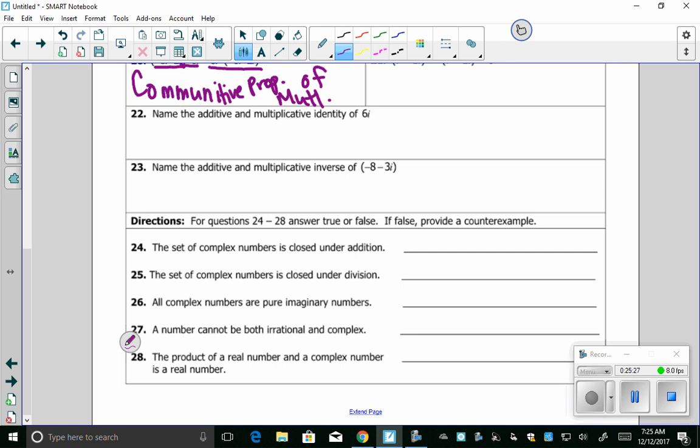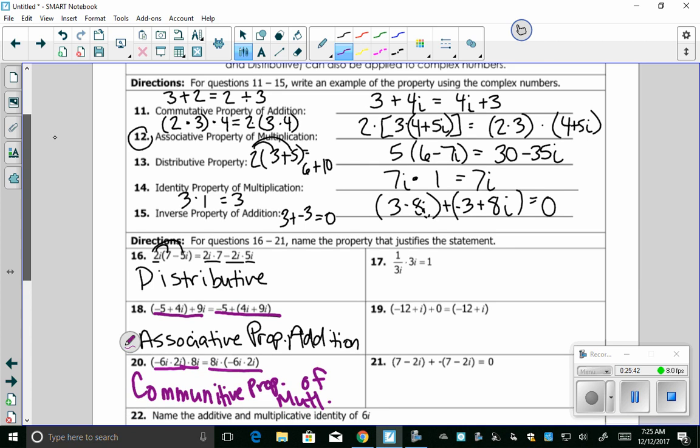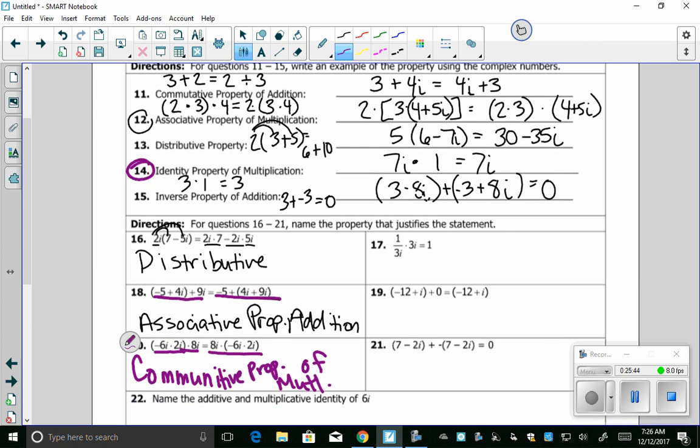Number 22, name the additive and multiplicative identity of 6i. So I have to name two things. So we're looking at the identity property. So the identity property is number 14, which says I want to get the exact same thing as I started off with.